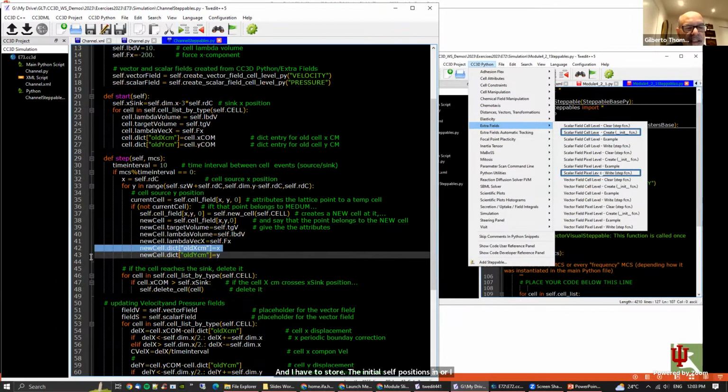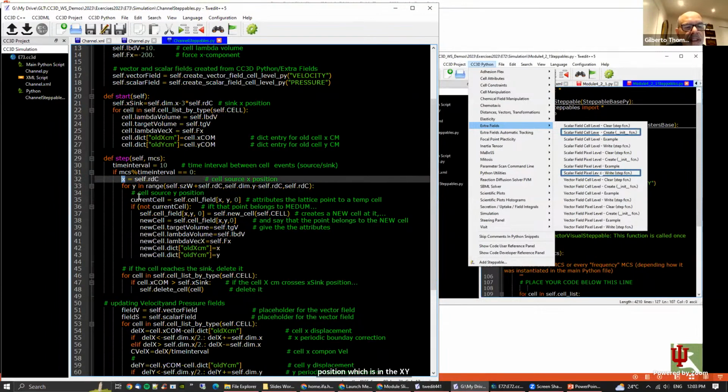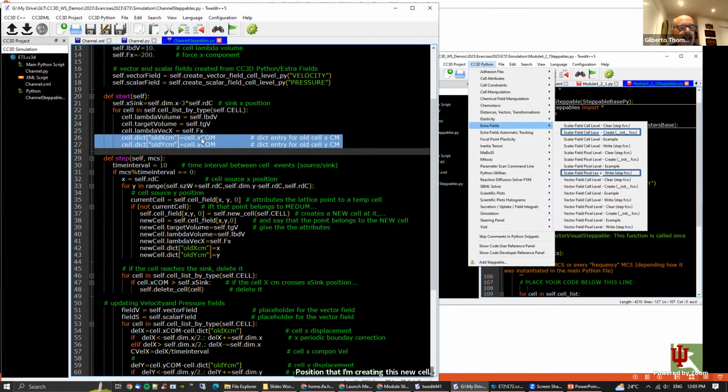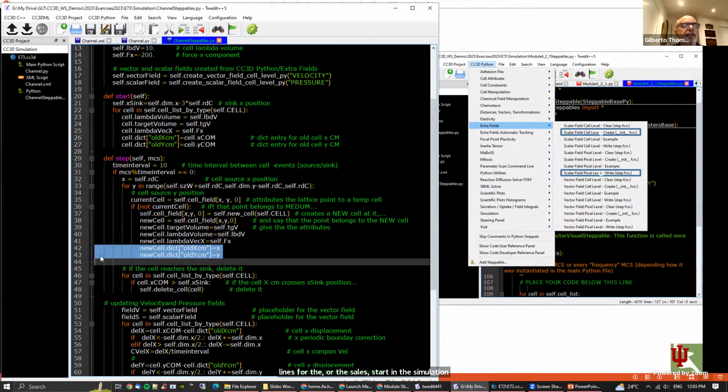I have to add the entry to the new cell dictionary to store the actual position, which is the XY position where I'm creating this new cell. Okay, so those lines are for the dictionary for the cells which start in the simulation, and these new entries here are for the cells that are being created during the simulation. I cannot forget that, because otherwise the new cells won't be traceable in time.